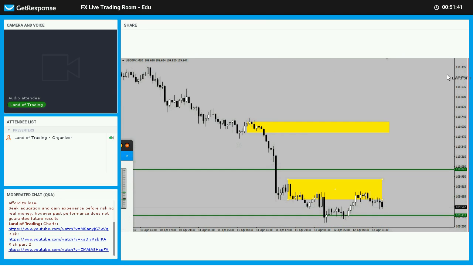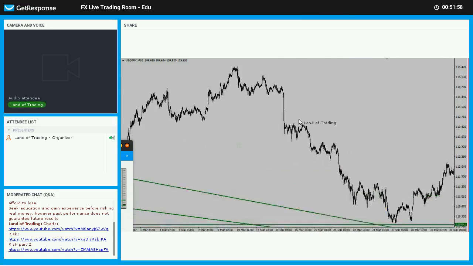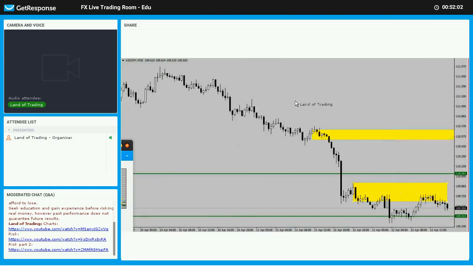All right. So for now, that's a long time before we were here. If we want to trade intraday on smaller time frames, I wouldn't look for anything on a smaller time frame going back to when we were here before.